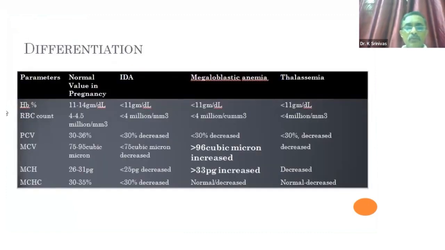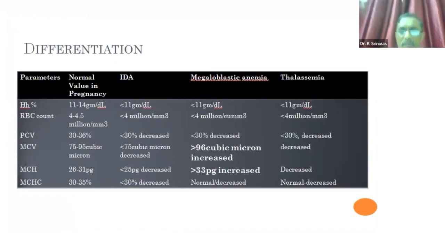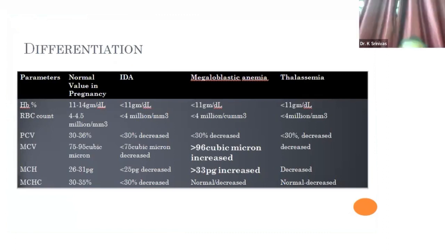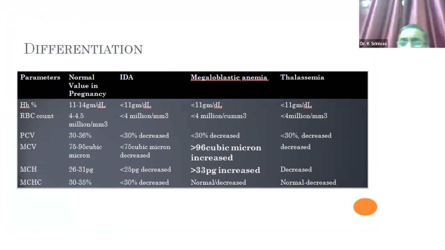Now, you have done these things. How do we pick up the difference, right? See, when you are looking at the RBC indices, I have just highlighted 2 points here. Rest of the things, it's the hemoglobin. Hemoglobin values are almost always decreased in iron deficiency anemia, megaloblastic anemia, and thalassemia.